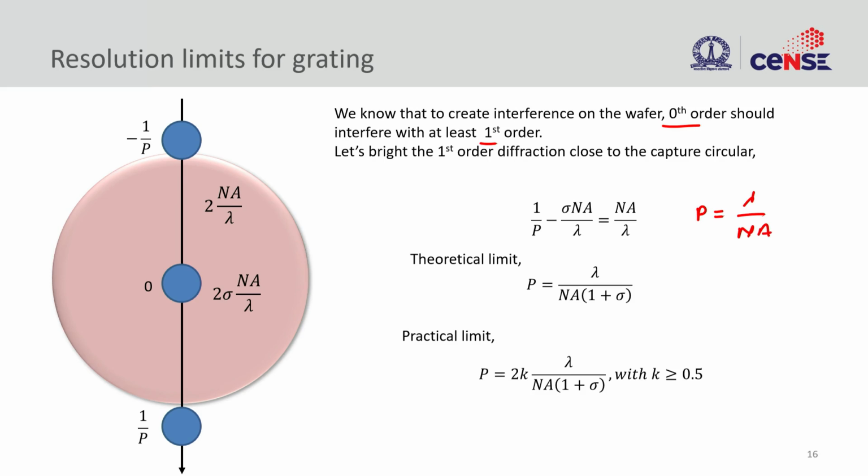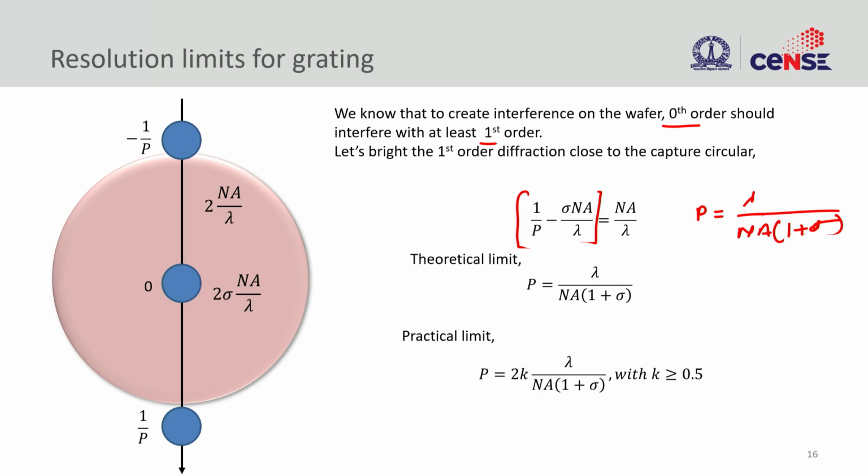Now it's not only NA, it's sigma over NA that is shaping your resolution. So the theoretical limit is not just lambda over NA, it's lambda over NA (1 + sigma). This is what gives you the additional factor when you use partially coherent light.